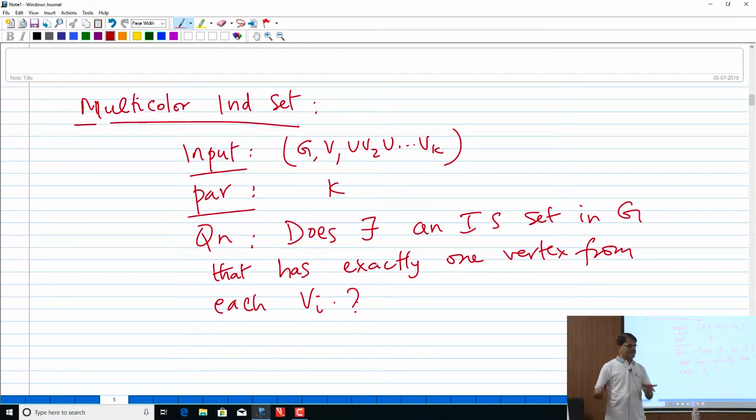Such a restricted version is called multicolor. Think of each Vi as one color. So, we have a k-colored vertex set, and I am looking for an independent set which contains exactly one from each color. And again, I am not going to prove it, this is also W hard.